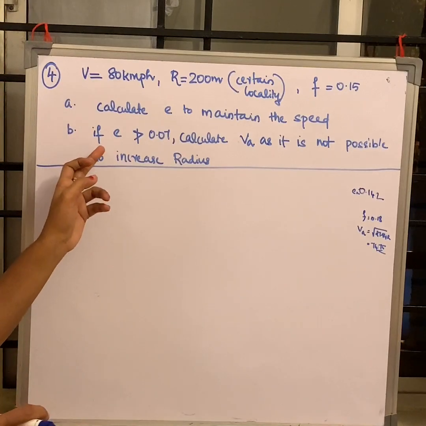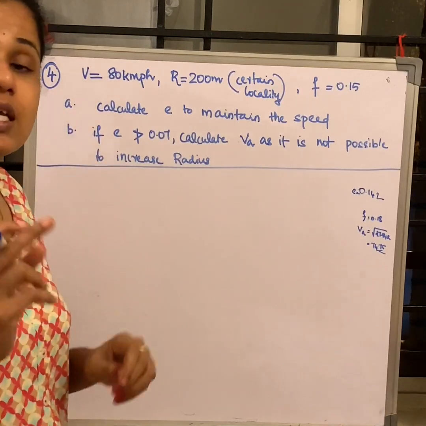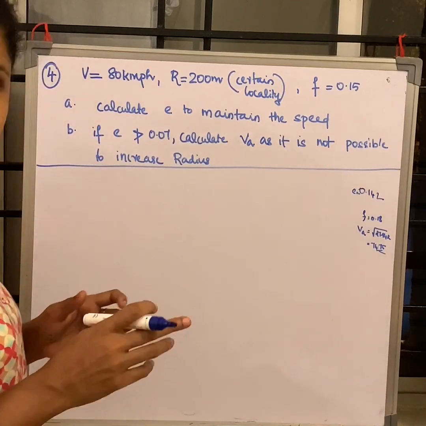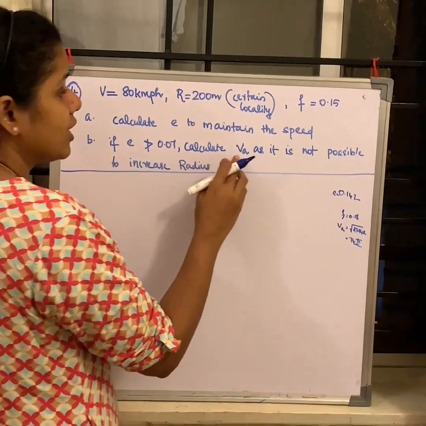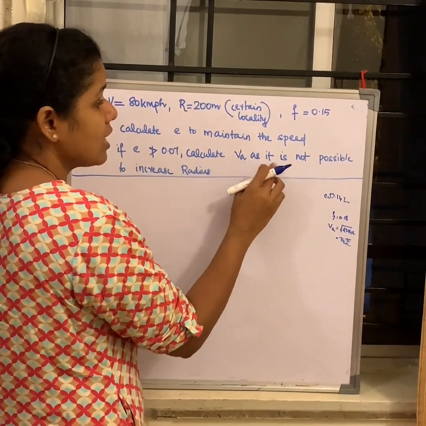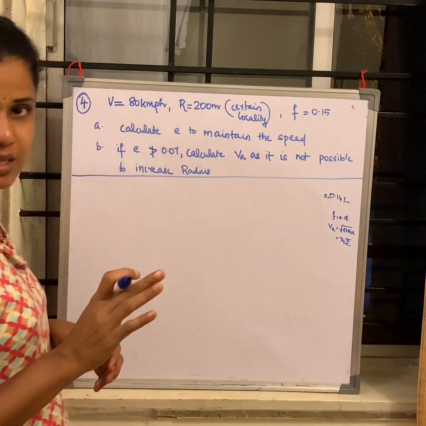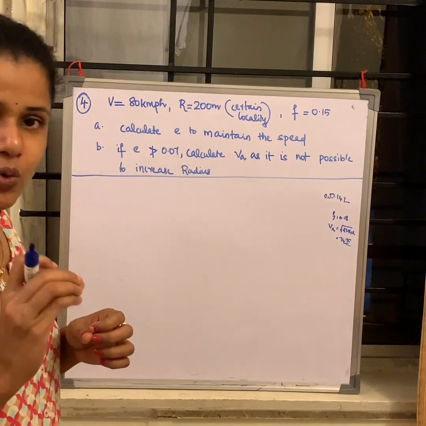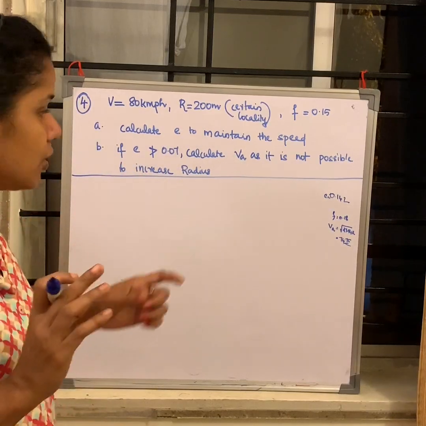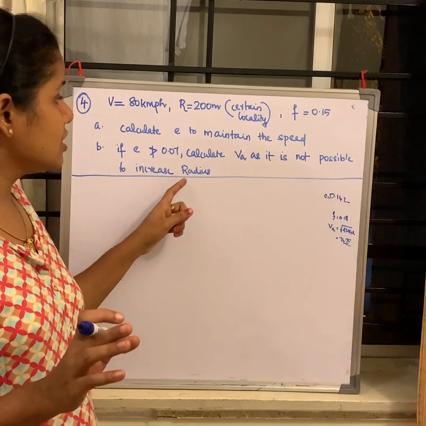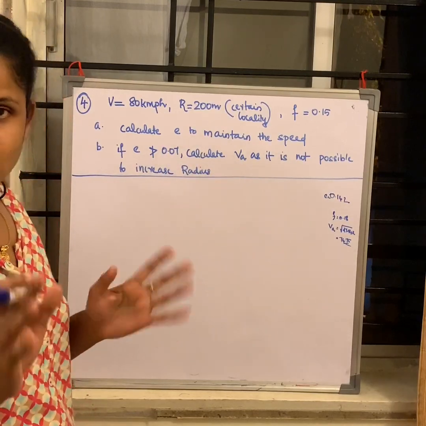The second part of the question is, if the superelevation is not exceeding 0.07, calculate the allowable speed VA, as it is not possible to increase the radius. So they are giving you a hint that the radius cannot be increased, so calculate the VA. So this is the question.